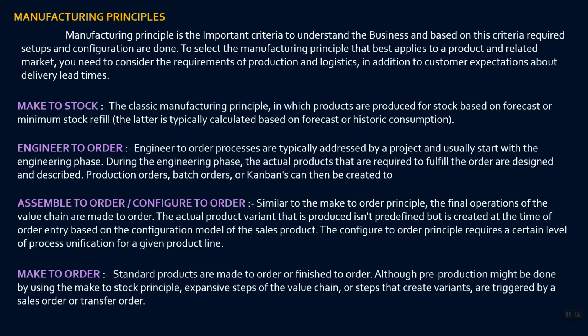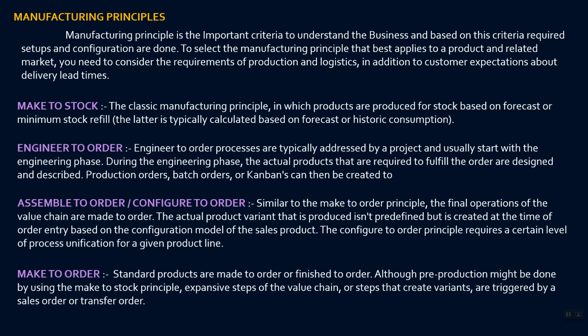Make to order. Standard products are made make to order, and these have some different configurations, and whenever you get an order, you start manufacturing once you receive an order. It is a pull mechanism, you can say. You cannot make and stock that material because the components are expensive.